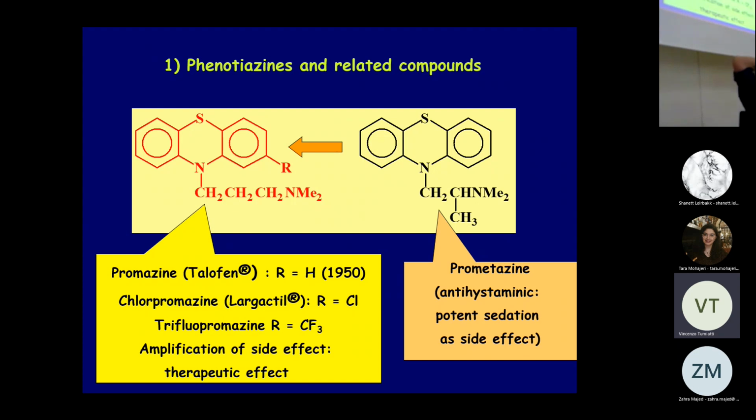Promazine was one of the first antihistaminic agents, very potent. You see the chemical structure of promazine here. A very planar region, three rings, a 6-6-6 system, and a basic chain.